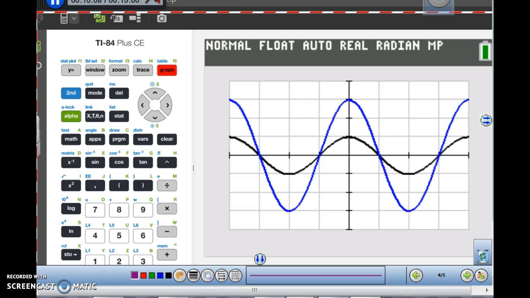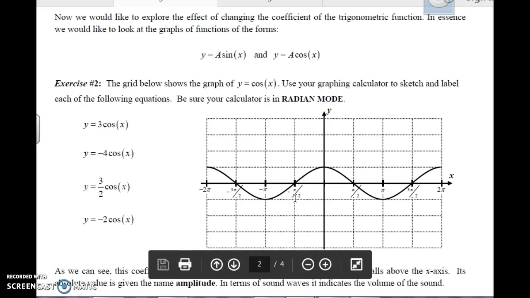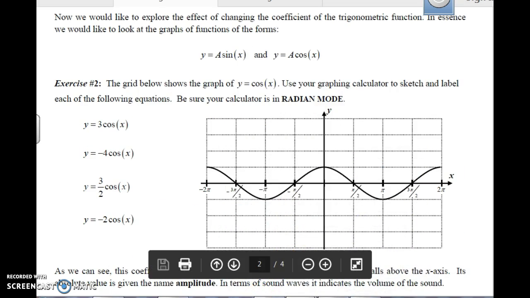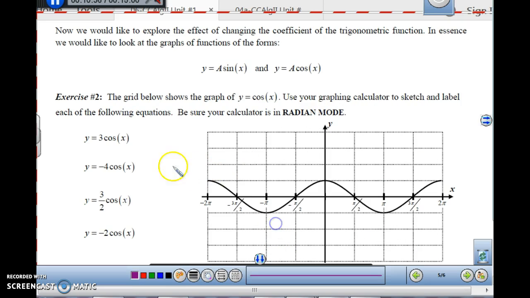Okay, so if I graph this, y equals 3 cosine x, I'll even do it in blue so you can see it. All right, there's my graph. I'm starting at, instead of starting at 1, I'm starting at 3, 2, 3, 0, 1, 2, 3, 0, and then back to 3, and then in reverse, 0, 1, 2, 3, 0, and then back to 3.